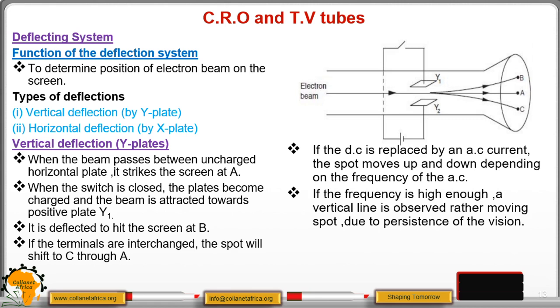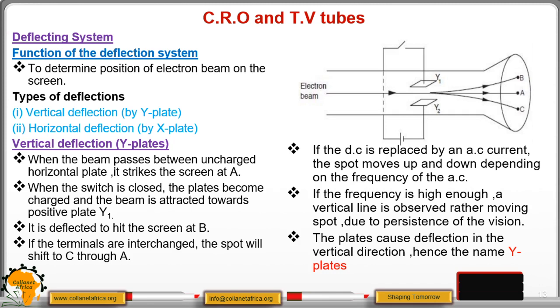If the frequency is high, then we see a vertical line, because the spot is moving at a higher rate, and because in our eye we have what we call persistence of vision, we observe a straight line.